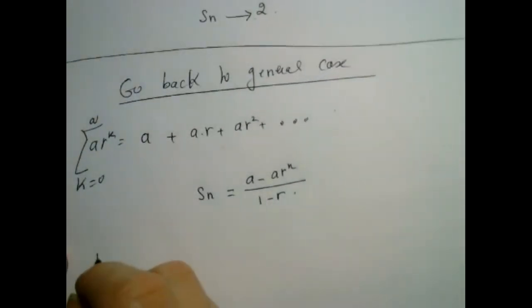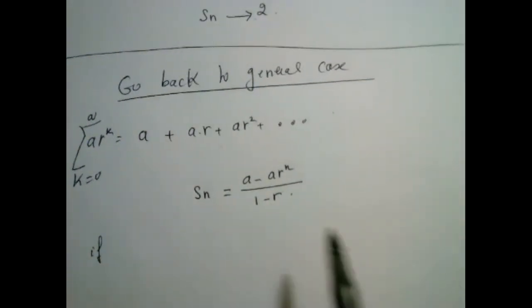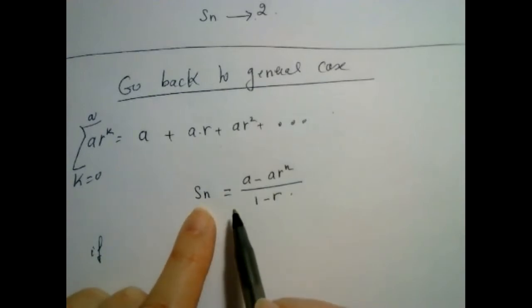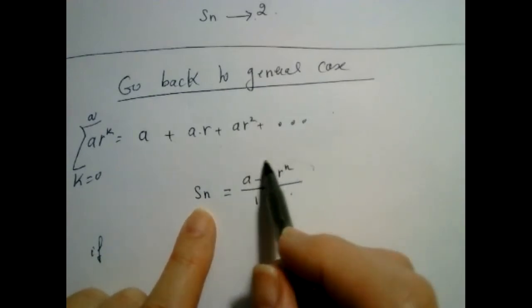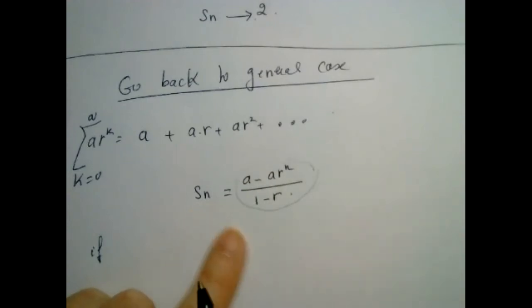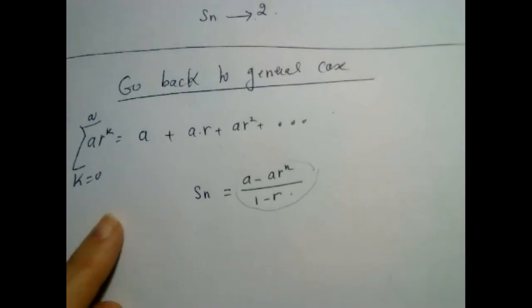Now, my goal is: what happens when n goes to infinity? When n becomes very large, what's happening to those partial sums? What do they get close to? Okay, before I write the result, I'm going to ask you the question. What happens when n becomes very large?